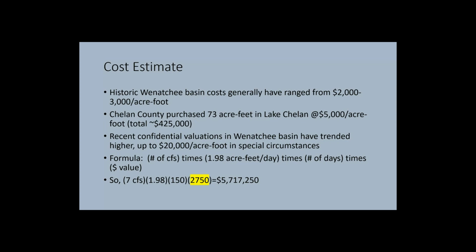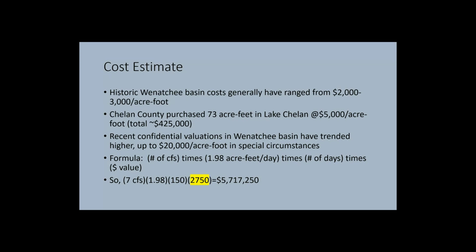More recently, not in the Wenatchee but in Lake Chelan, the county actually purchased some water, 73 acre feet in Lake Chelan at $5,000 an acre foot. There have been some confidential valuations in the Wenatchee Basin that we've been party to. With some special circumstances in the Wenatchee Basin, we've seen values as high as $20,000 an acre foot.